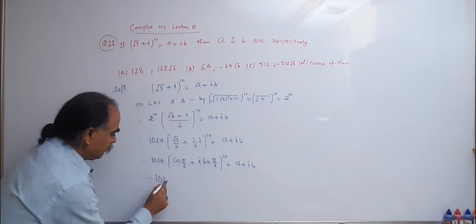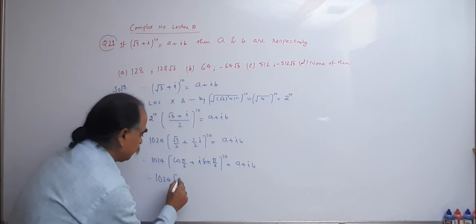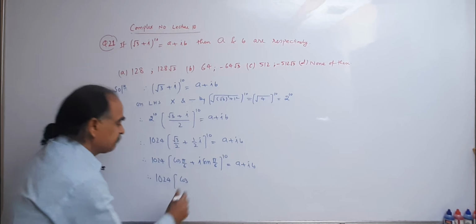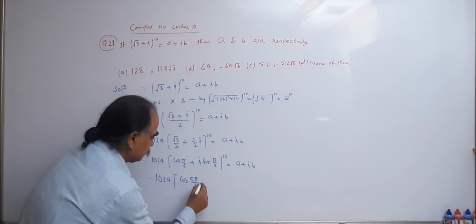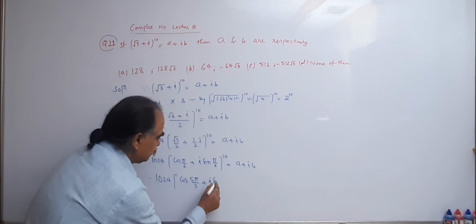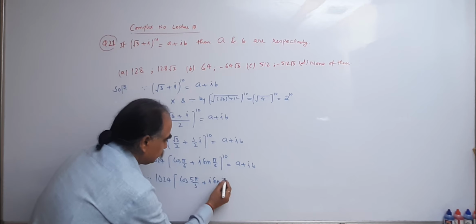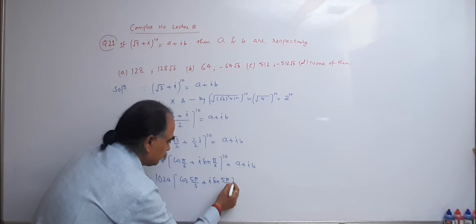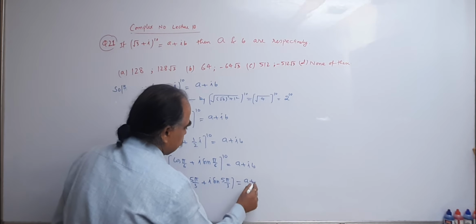Therefore 1024, 10 will get multiplied. The cos of 10 pi by 6 will give you 5 pi by 3, de Moivre's theorem, plus i sin 5 pi by 3 is equal to a plus ib.